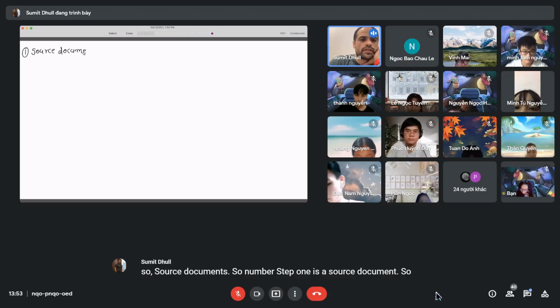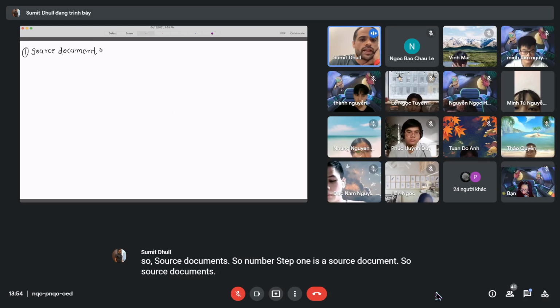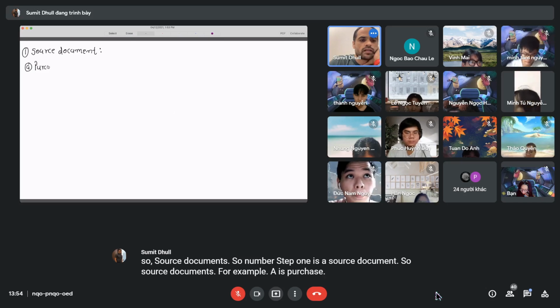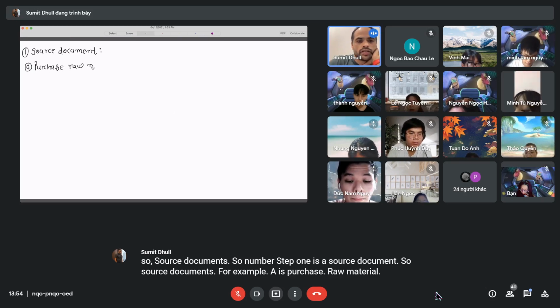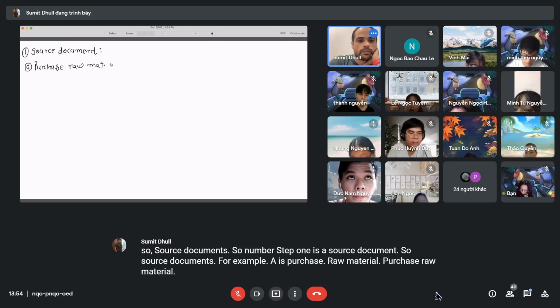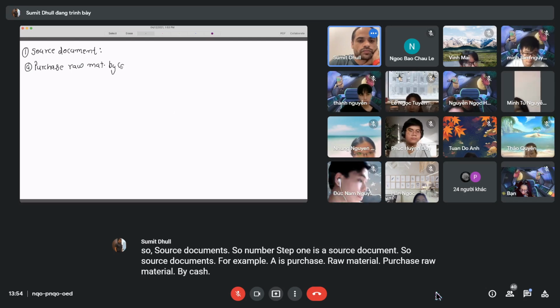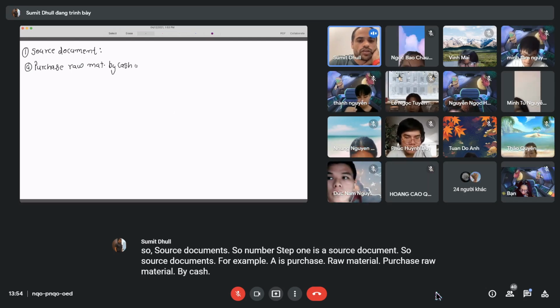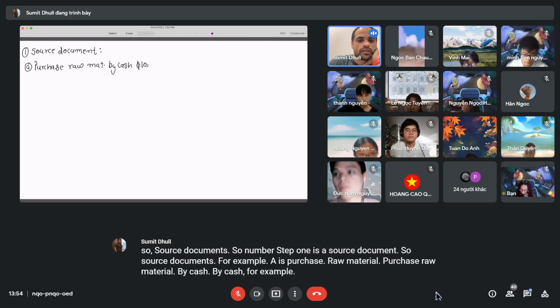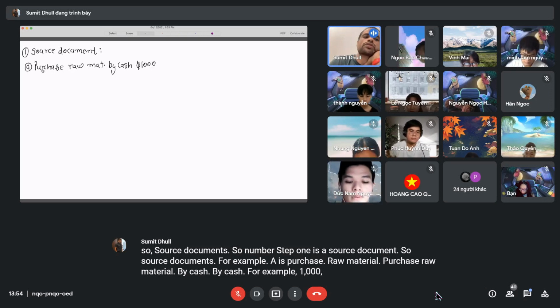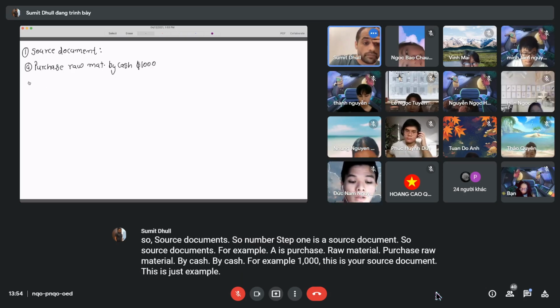Source documents, for example, A is purchase raw material by cash, for example $1,000. This is your source document. This is just an example, all right?